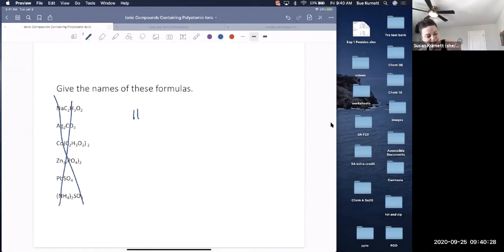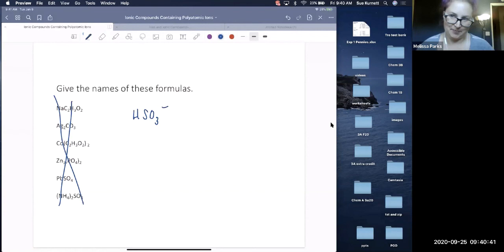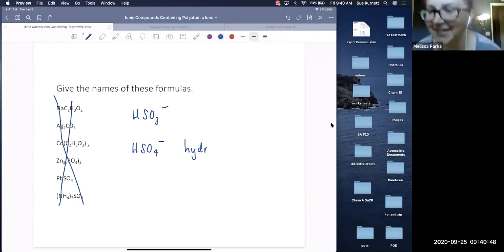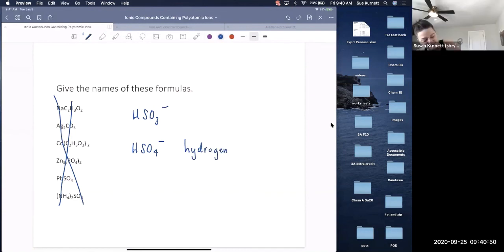What is this? It's an ion, a chunk of nonmetal stuck together with an extra electron. Hydrogen sulfate. Close. This is hydrogen sulfate. Dang it. No, it was tricky, Melissa. Thank you for taking the bait.